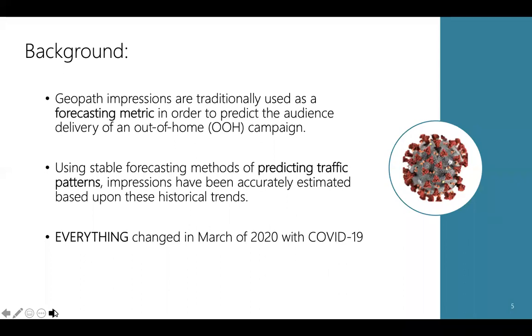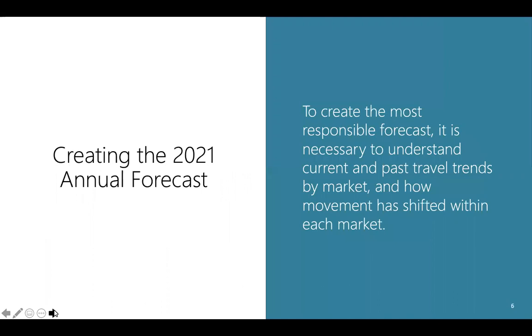To get there, we've used traffic patterns, and it proved to be a stable forecasting method for predicting impressions. But that all changed in March of 2020. The question becomes, what happens with the 2021 annual forecast? How do you account for these changes?